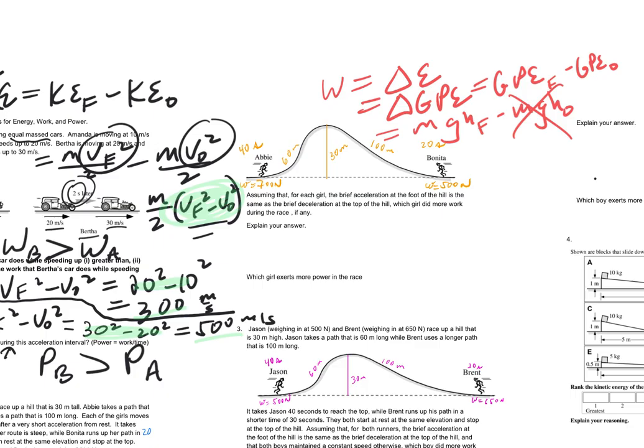So which girl did more work? Well, Abby and Bonita, I guess. The work of Abby is her mass times g, which is her weight, 700, times Hf, which is 30.